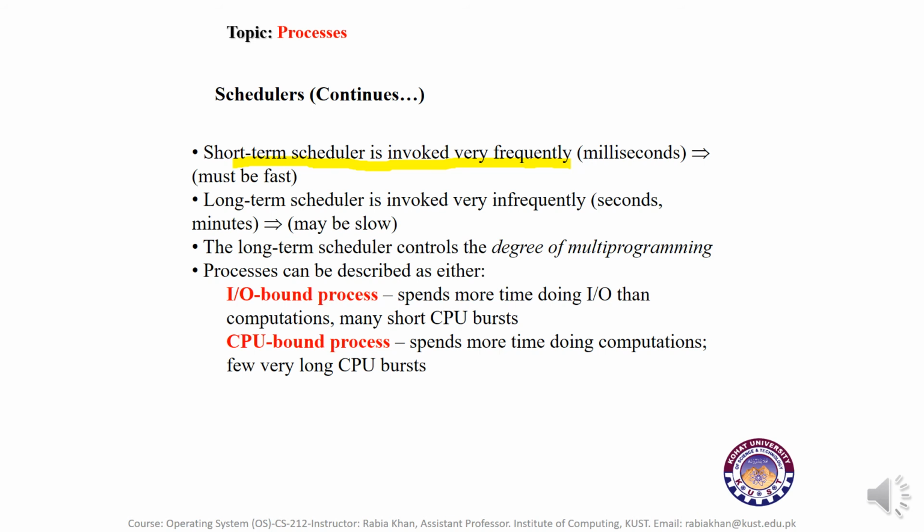Now the long-term scheduler, why is it known as long-term? Because it is invoked very infrequently. Normally the time it takes is within seconds or even minutes. It is quite slow. Why? Because you only require to open applications from your disk once in quite a long time. So the long-term scheduler is required very infrequently, but the short-term scheduler is very quick.